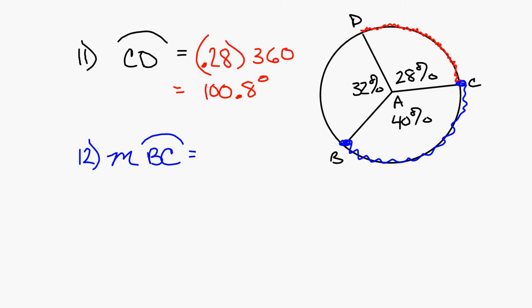So that's 0.40 times 360, which is 144. And that's going to be in degrees. Good? All right.